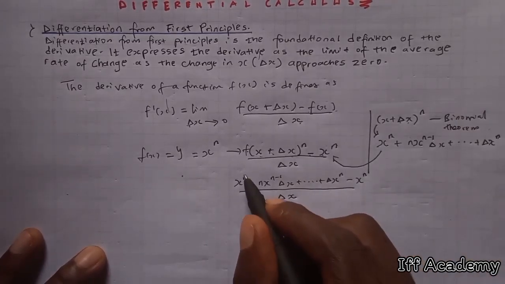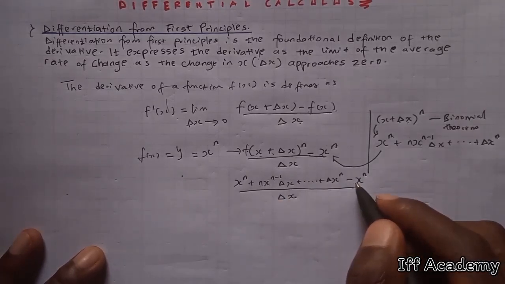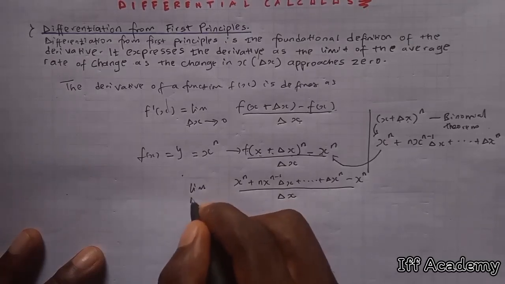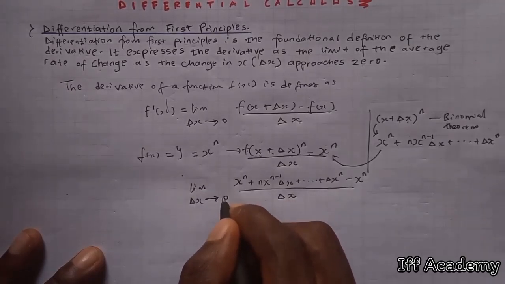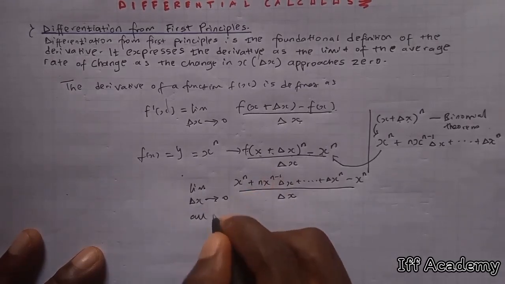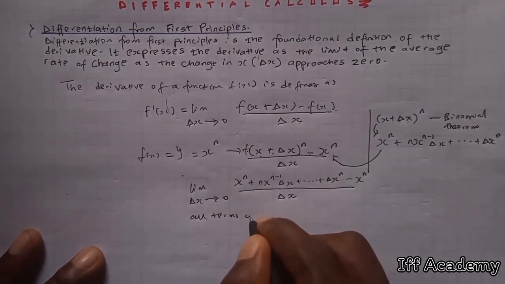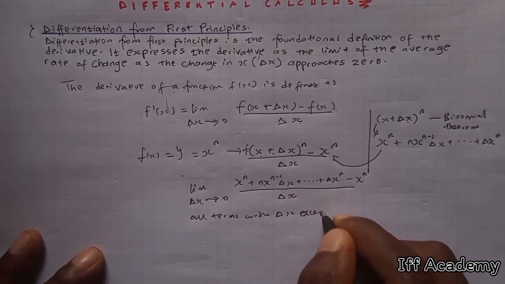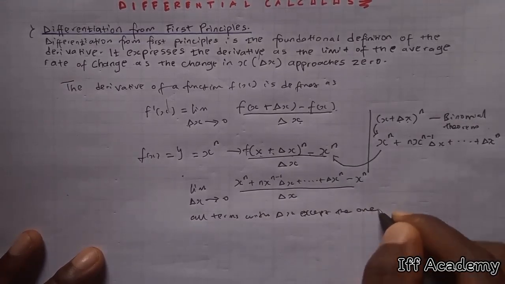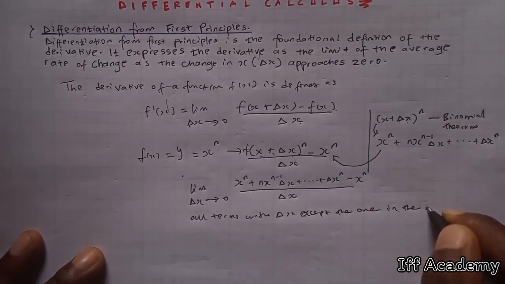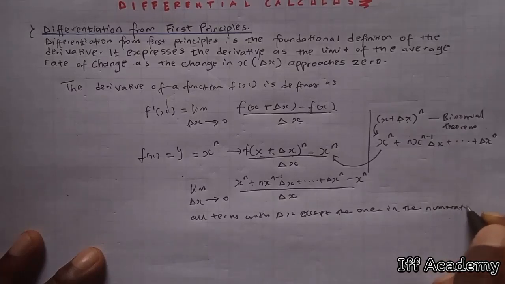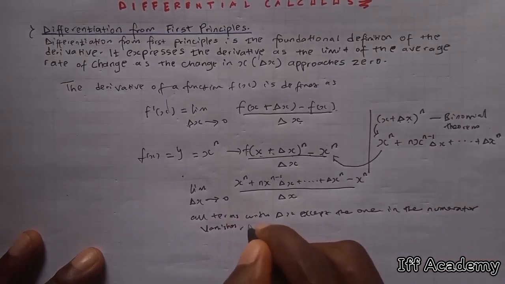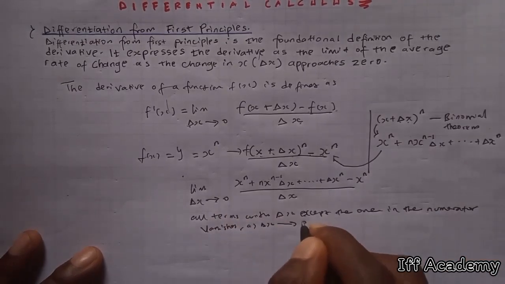Now, x raised to the power n cancels out x raised to the power n. And then if you take the limit as change in x approaches 0, all terms with change in x, except the one in the numerator, vanish as change in x approaches 0.